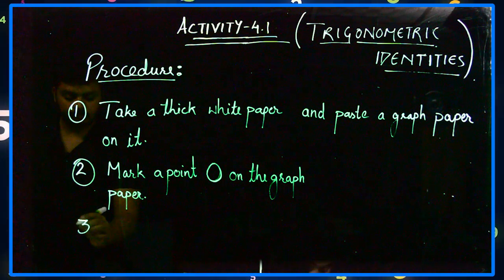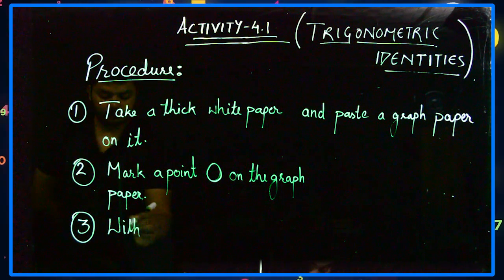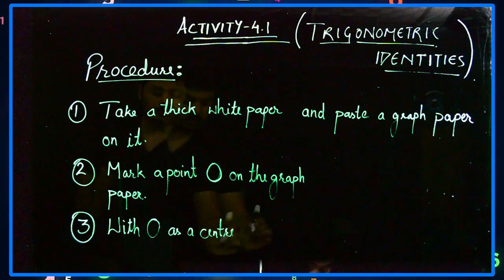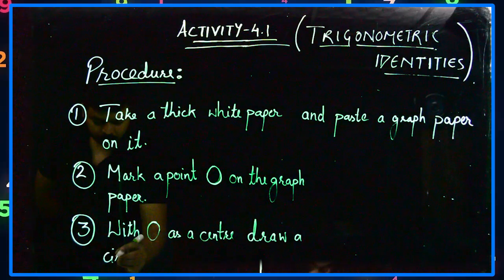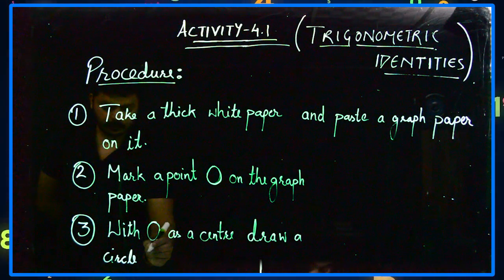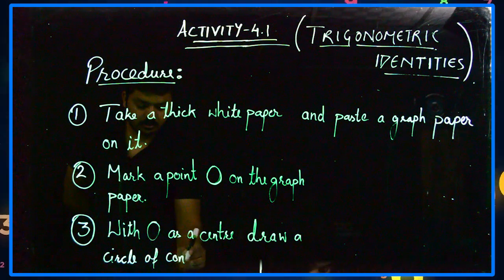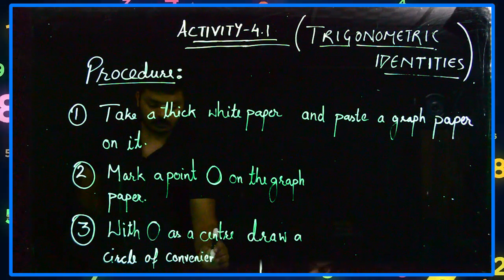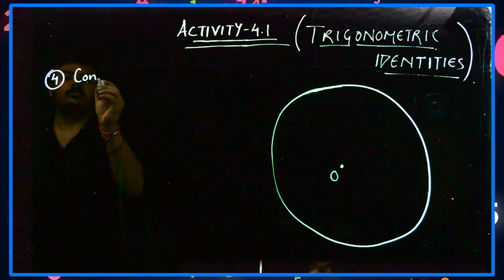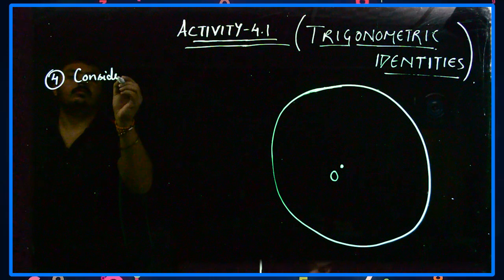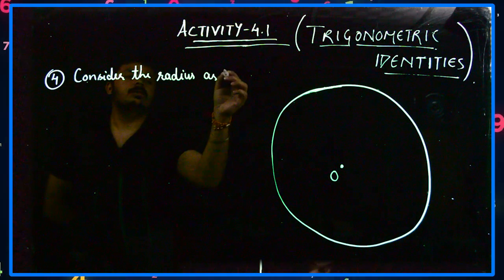Step 3: With O as the center, draw a circle of convenient radius. Now, consider the radius as 1 unit.